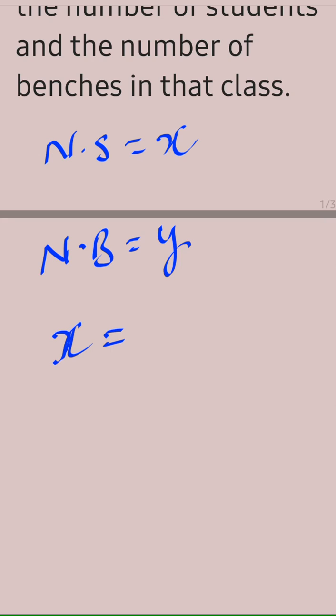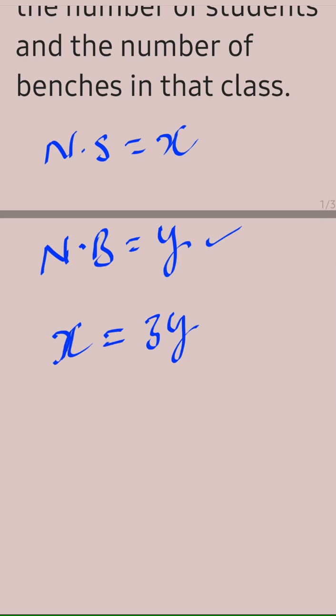In terms of benches, the number of benches is y. For example, on each bench 3 members are sitting. That means we multiply 3 into the number of benches, then we get the number of students. So y benches means 3y, that is 3 into benches.